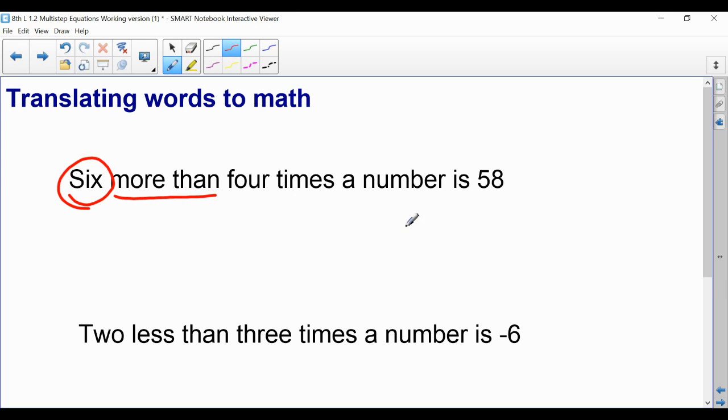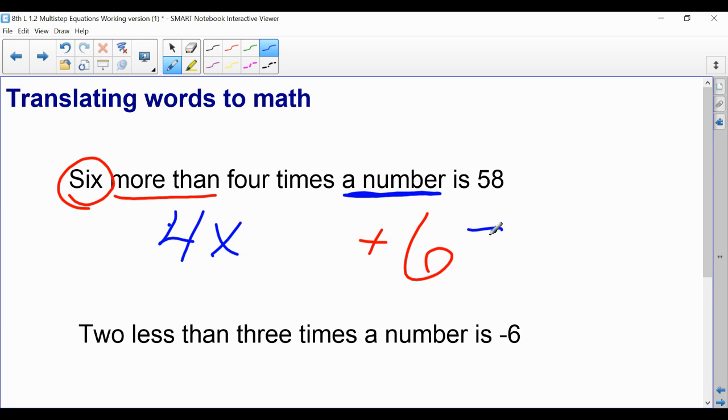So that tells us we're going to put plus 6 at the end. 4 times a number. We don't know what this number is. That's our variable. And we're doing 4 times that number, and we know that a number next to a letter shows multiplication. So 4 times a number, 6 more than that is 58.